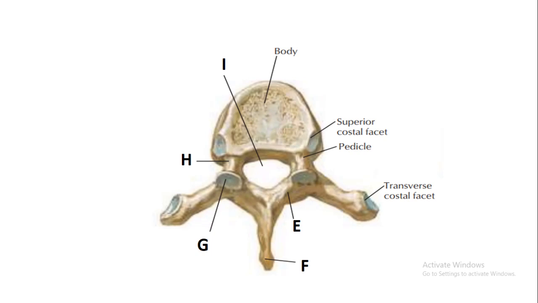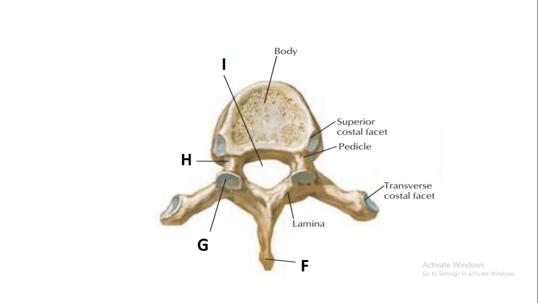So right now we have identified the body, the superior costal facet, the pedicle, and the transverse costal facet. The transverse costal facet is normally moving transversally, and the superior costal facet is on the superior side of this bone.